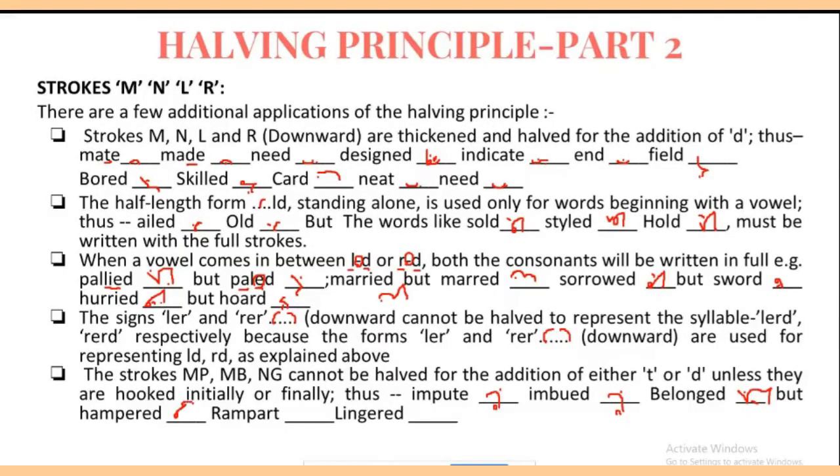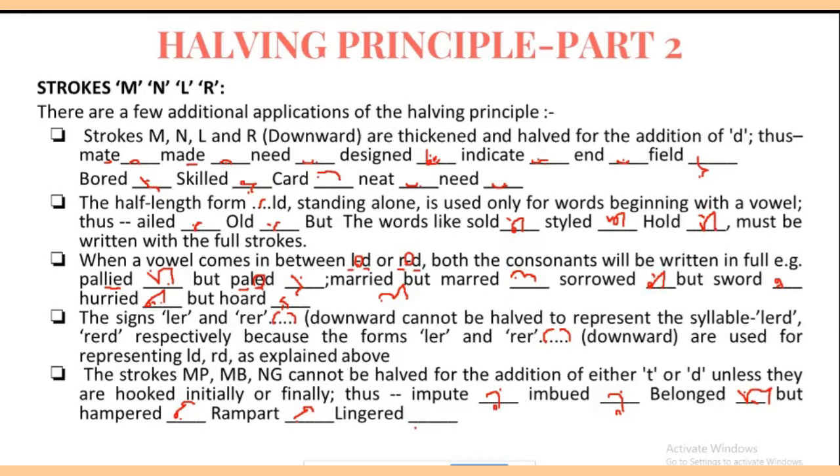there is an initial vowel before MP. Then it can be halved. It will be halved. Same in case of rampart, Ray, it will be halved for the addition of P as it is initially hooked.